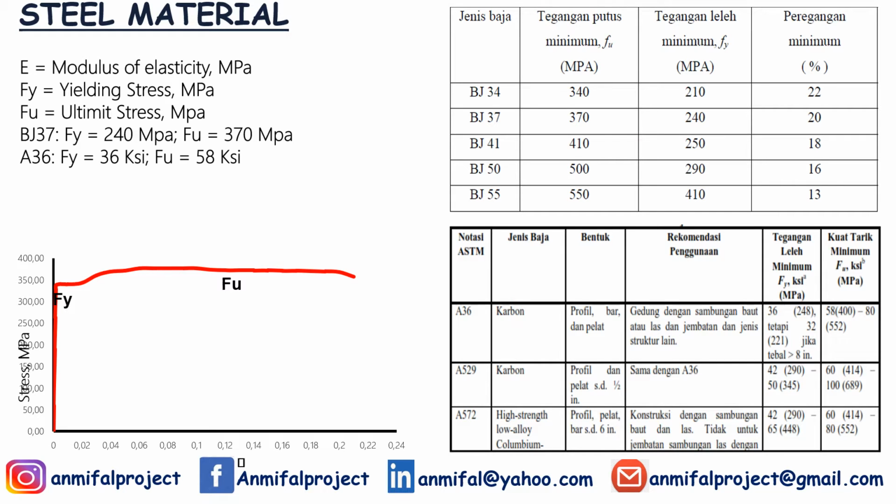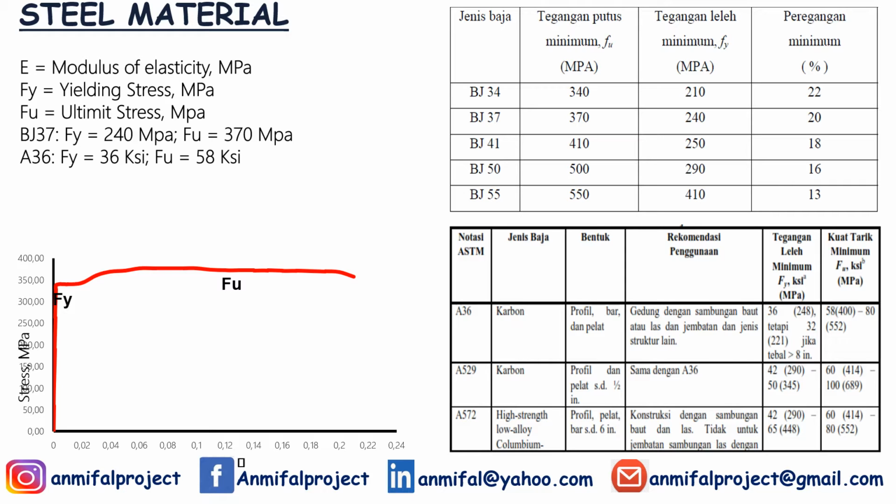All about the procedure and the specimen of the tension test, we can see in the American Standard Test Material E8M for metric units, or E8 for the English units.